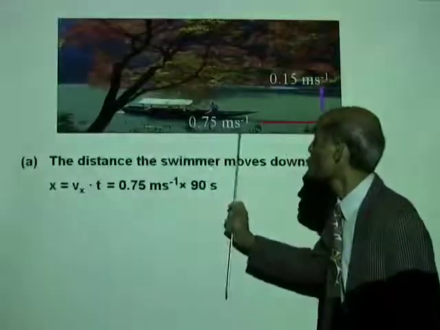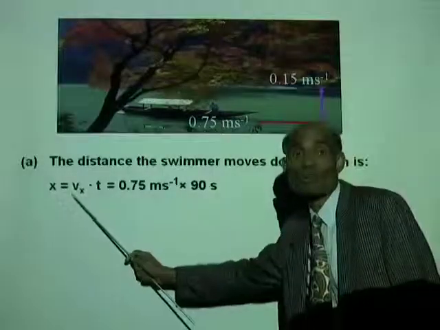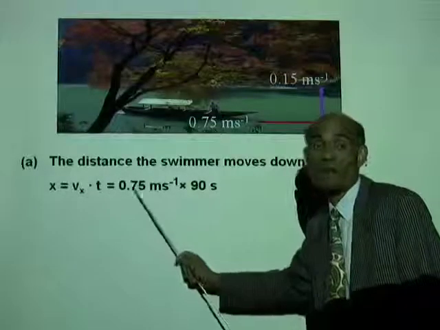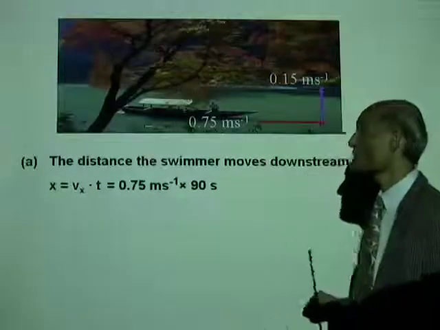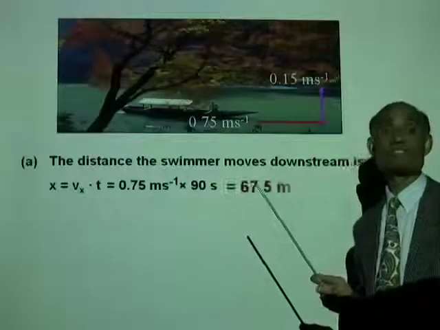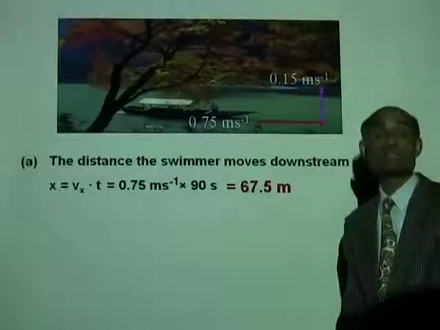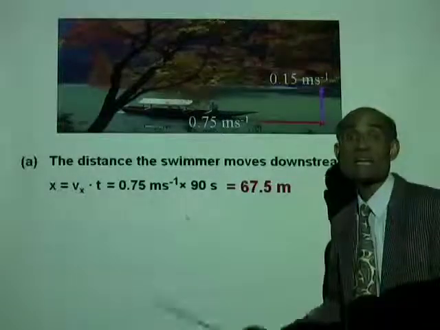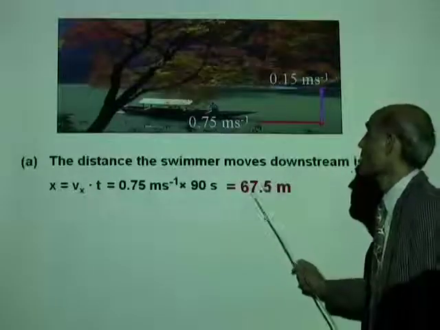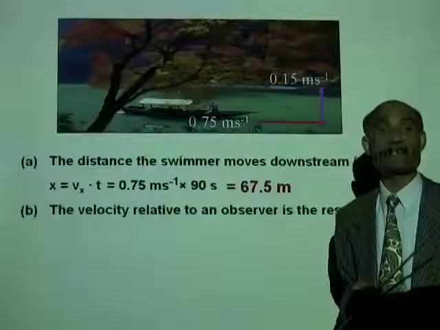The distance downstream is the downstream velocity Vx multiplied by that time. That is 0.75 meters per second multiplied by 90 seconds, which is 67.5 meters. In a minute and a half, the swimmer is carried downstream by a distance of 67.5 meters.